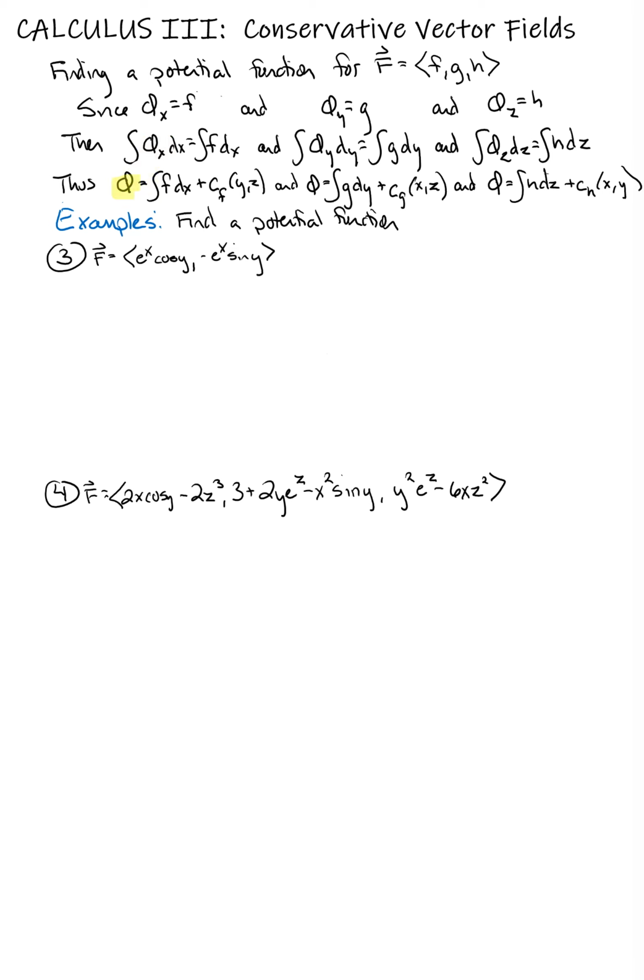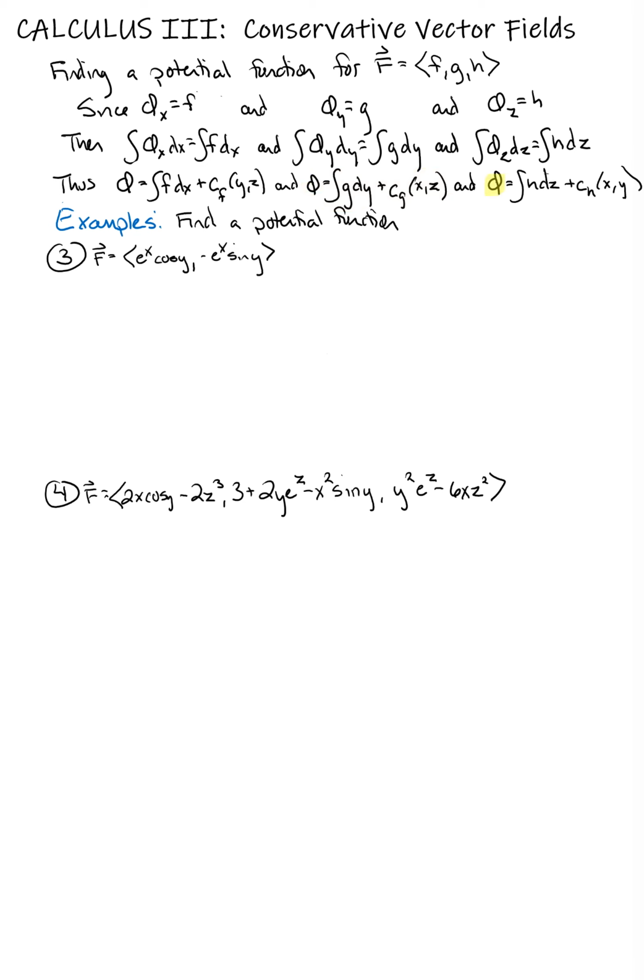So phi would be equal to the integral of f dx, but notice there would be a constant, and that constant could possibly have a y and a z. It's a constant with respect to x, not with respect to y and z. I could also find phi by integrating g with respect to y, but the arbitrary constant in the back might have x's and z's.